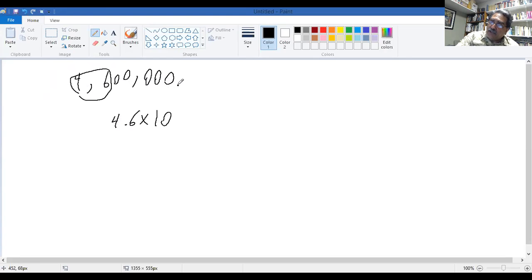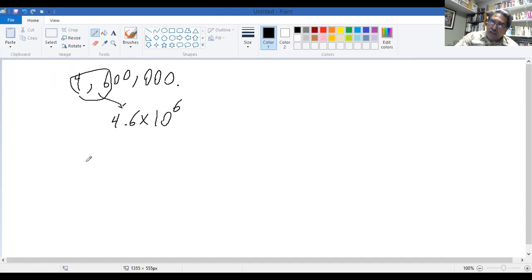The decimal point is actually here. So I'm moving it 1, 2, 3, 4, 5, and 6. So this should be 10 to the power of 6. This is how you convert a decimal to scientific notation.